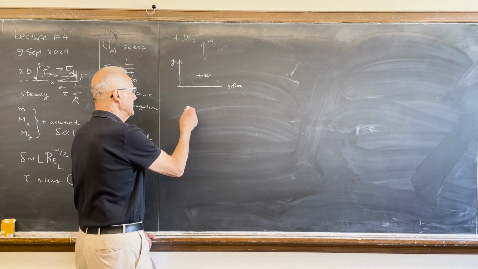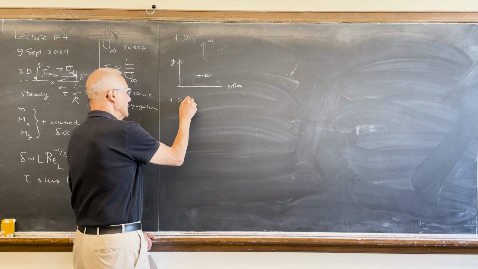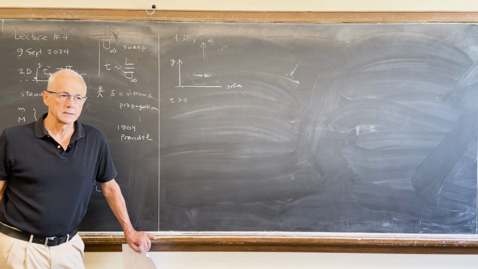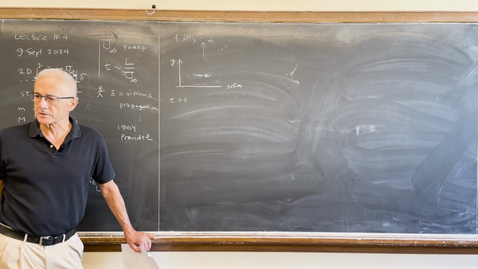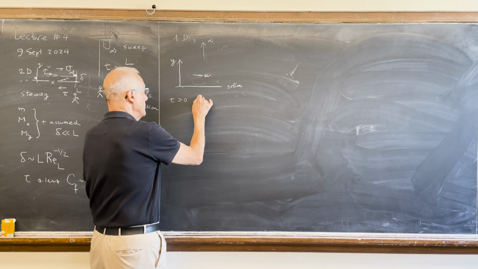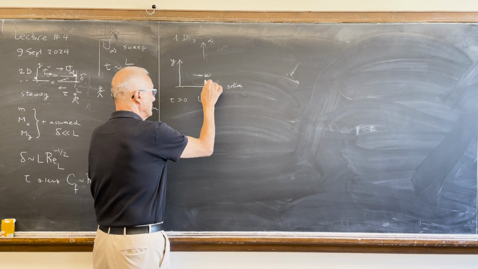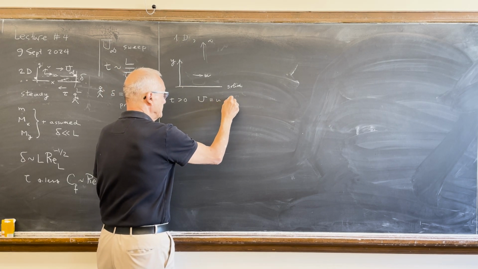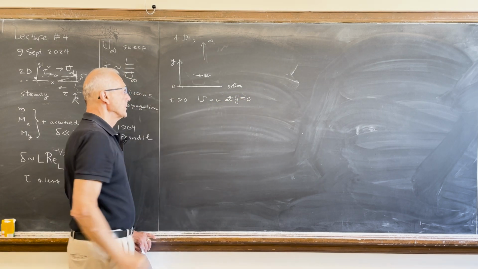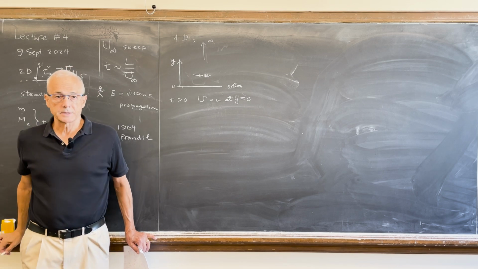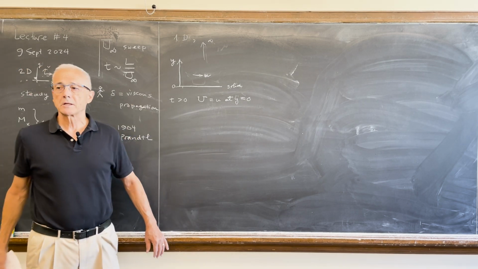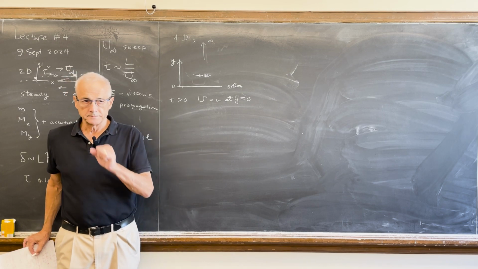The wall is solid, and at time t greater than 0, it starts moving to the right with the velocity U. So U is the value of little u at y equals 0. That is, in other words, the wall suddenly begins to move parallel to itself to the right.